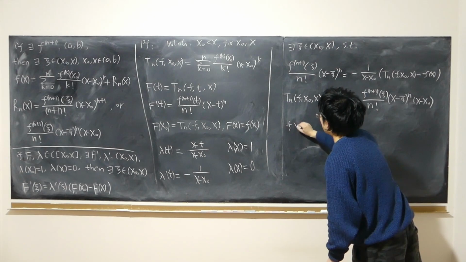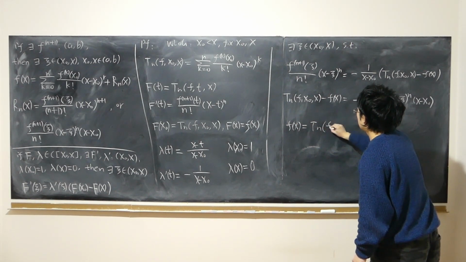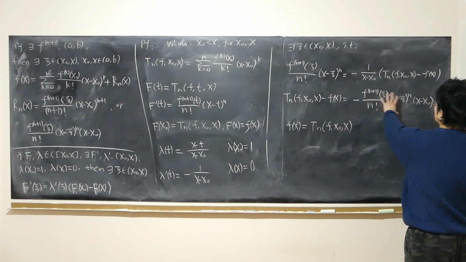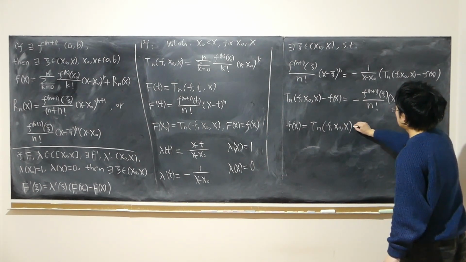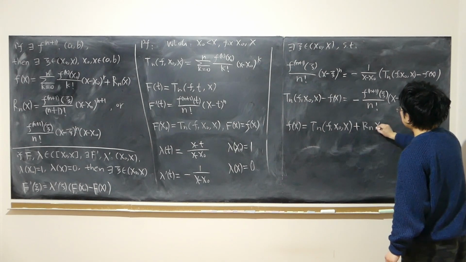Work out f of x: that is equal to Tn f x naught x plus this value, Rn of x.